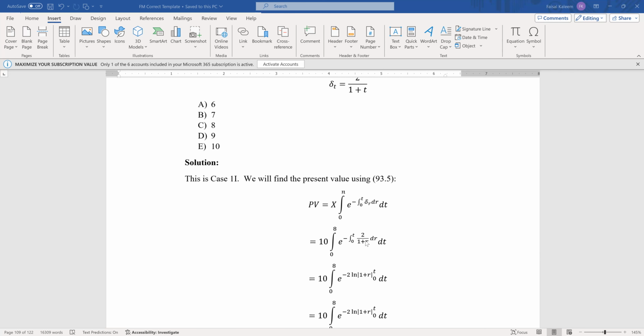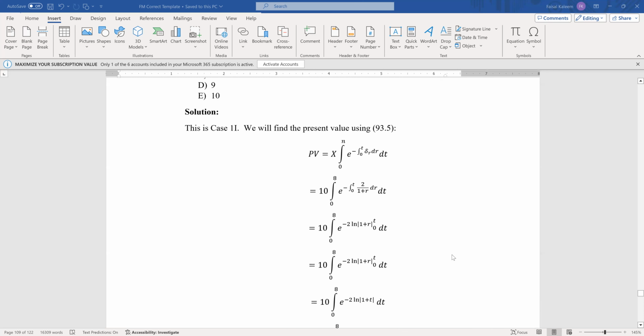The integral of 1 over 1 plus r is ln 1 plus r, and we have a 2 outside and a negative sign, so it will be negative 2 ln 1 plus r. When I substitute t, I get negative 2 ln 1 plus t. And when I substitute 0, it's ln 1 plus 0, which is ln 1, and ln 1 is 0.